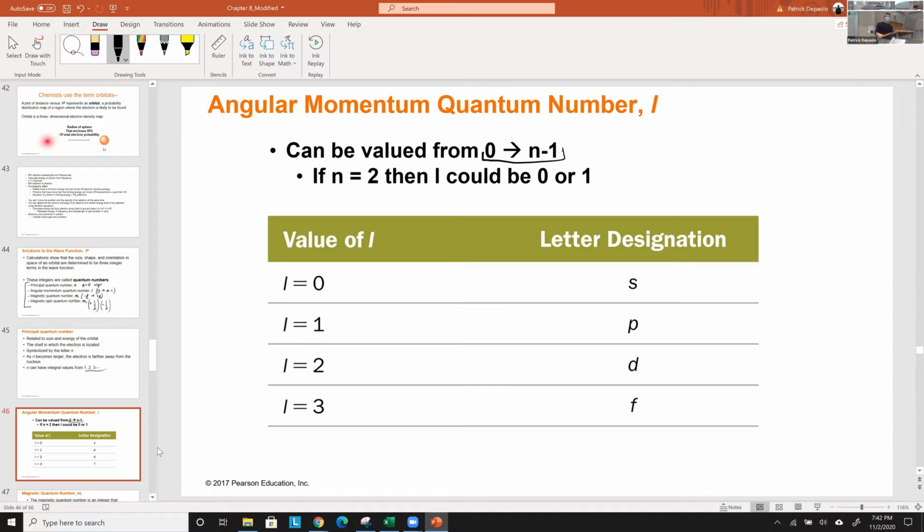And these are the letters of the orbitals. If L equals 0, it corresponds to S. L equals 1 corresponds to P. L equals 2 corresponds to D. L equals 3 corresponds to F. Make sense? SPDF, 1, 2, 3, 4. Ta-da. That's it. Okay.